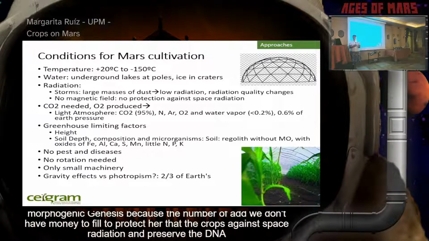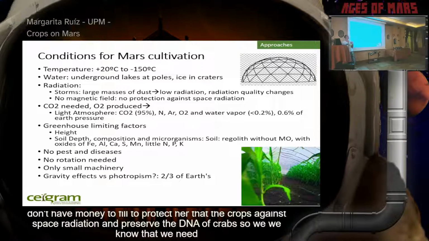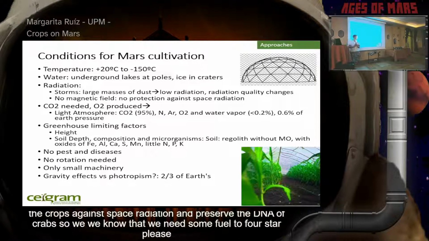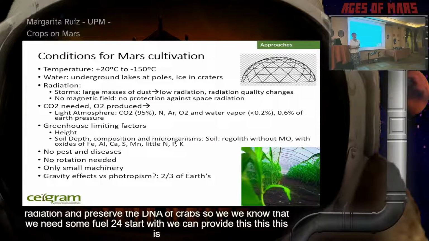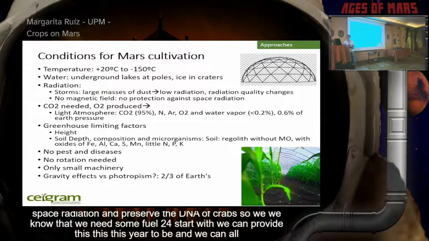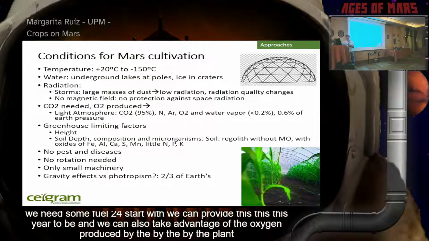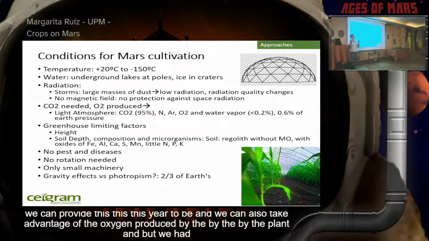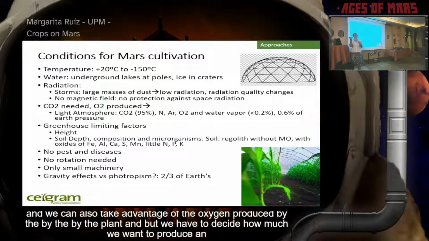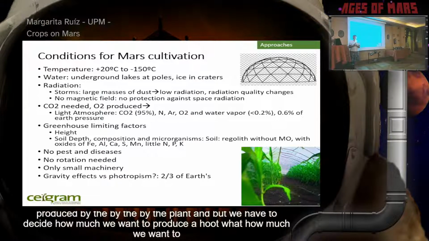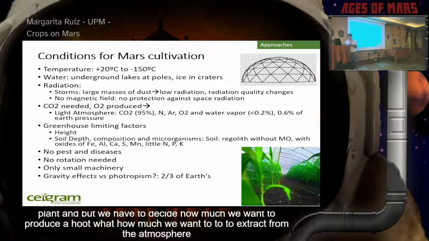of our crops. So we know that we need some CO2 to start with. We can provide this CO2, and we can also take advantage of the oxygen produced by the plant. But we have to decide how much we want to produce and how much we want to extract from the atmosphere, the light atmosphere there.